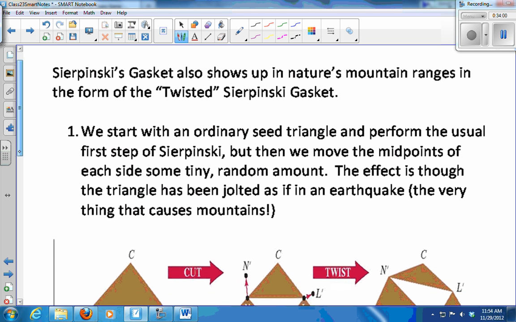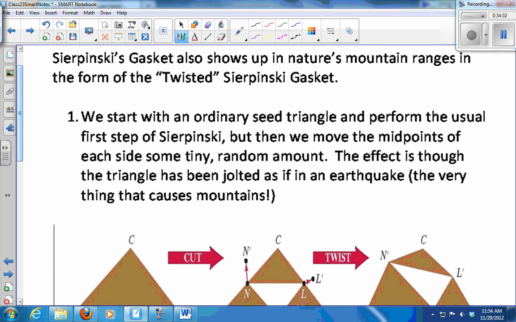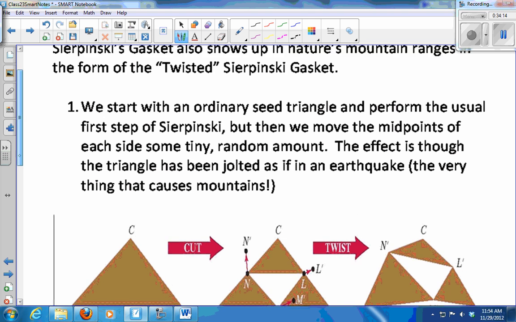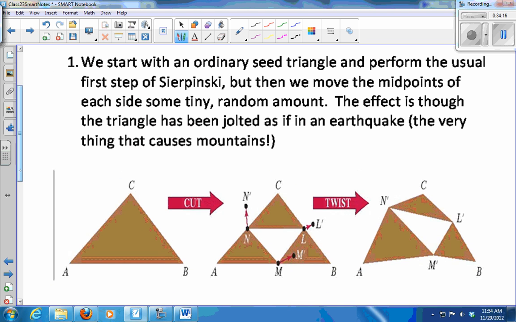All right, so the last thing is called the twisted Sierpinski gasket. So this is where we do the same process to create it as we do to create Sierpinski's triangle, but at each step we have a little jolt, right? So we have our seed, we remove the middle, then we do a little jolt.